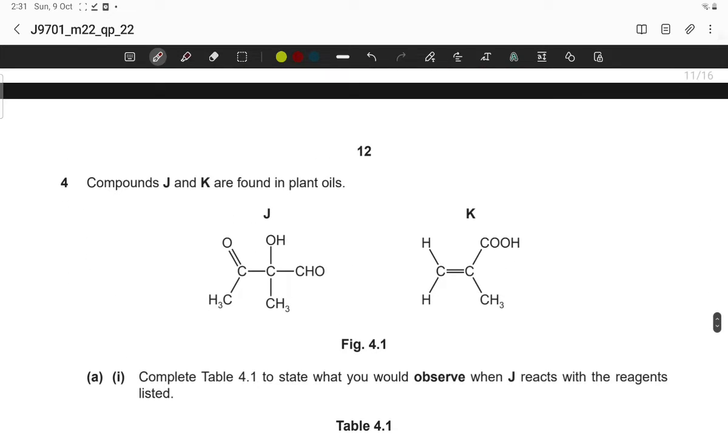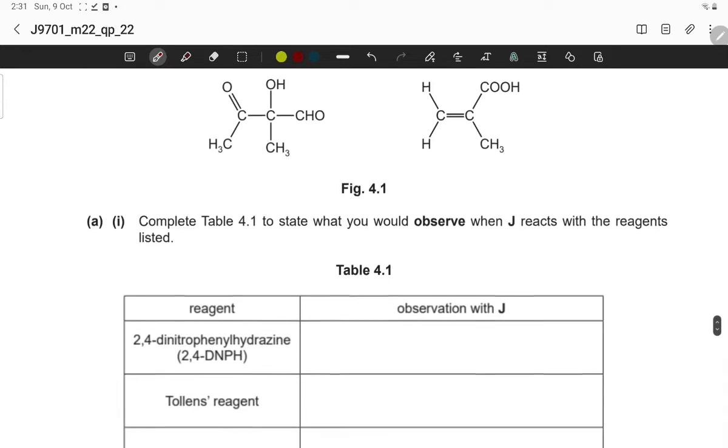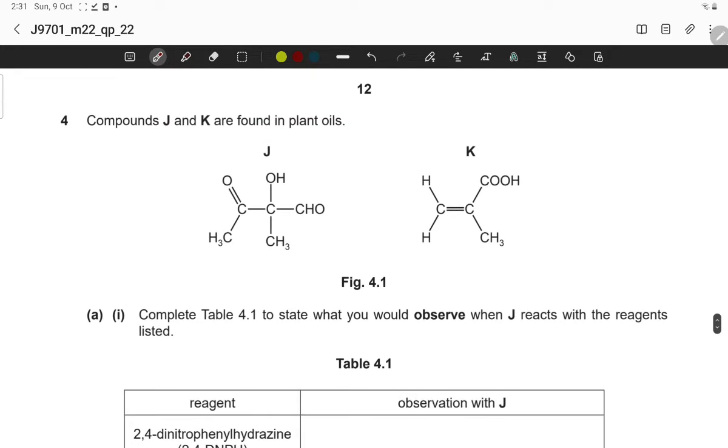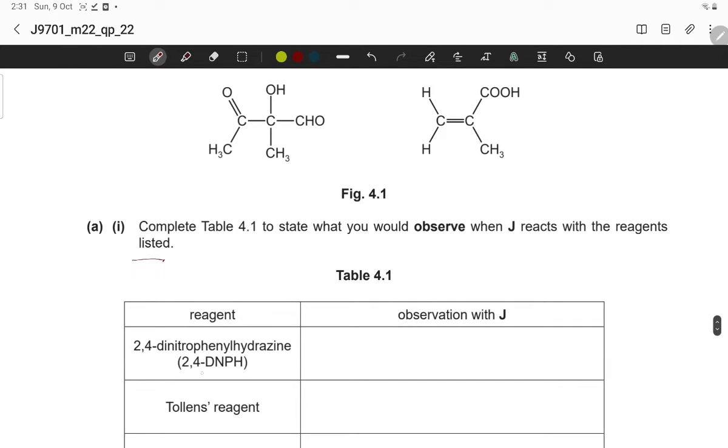The last question is, compounds J and K are found in plant oils. Complete table 4.1 to state what you would observe when J reacts with the reagent listed. 2,4-dinitrophenylhydrazine.